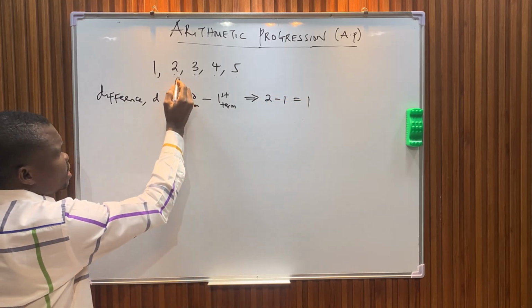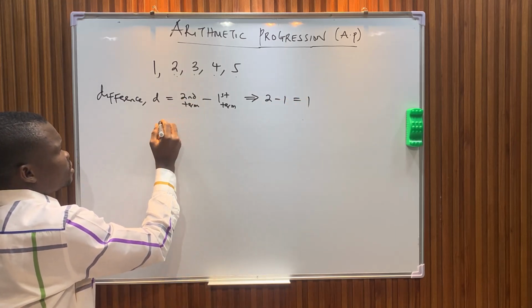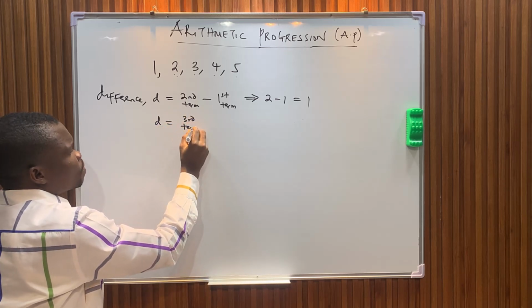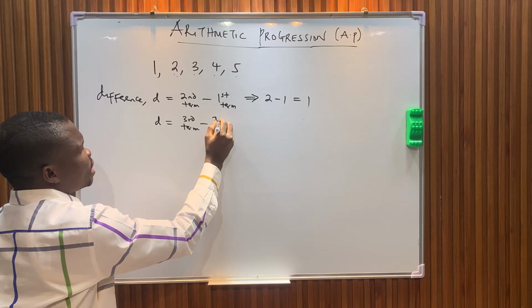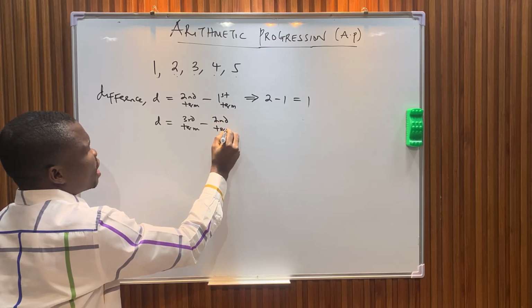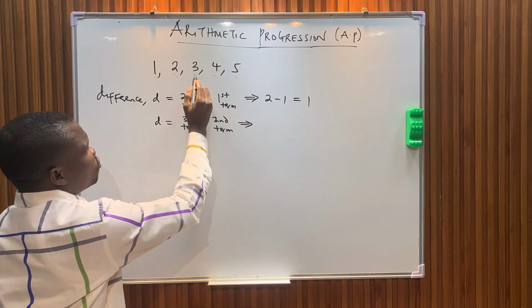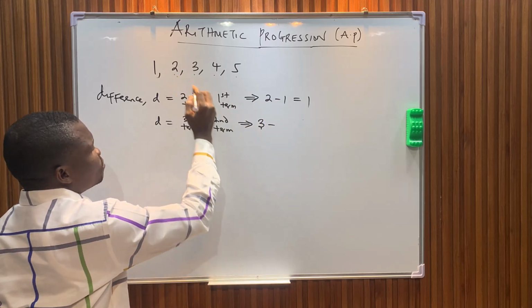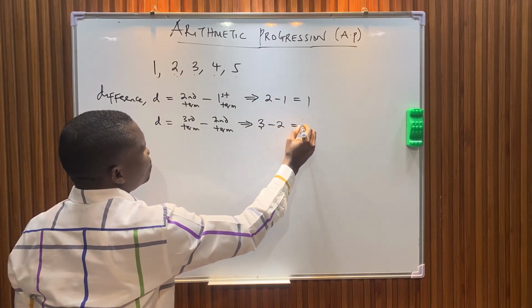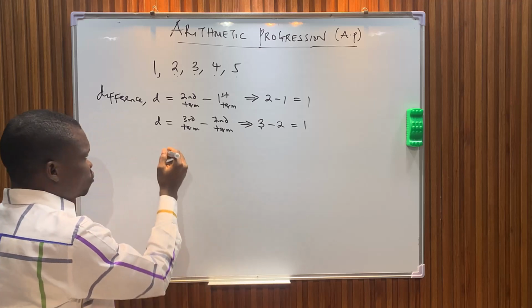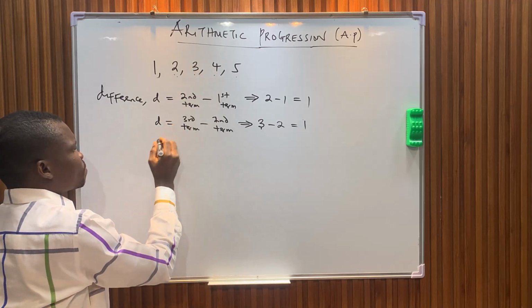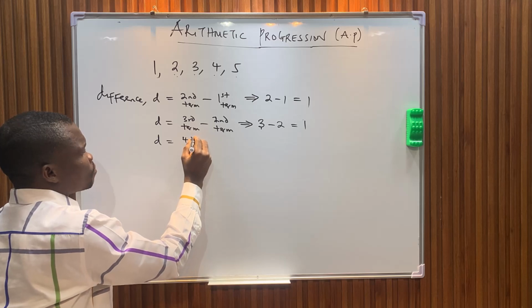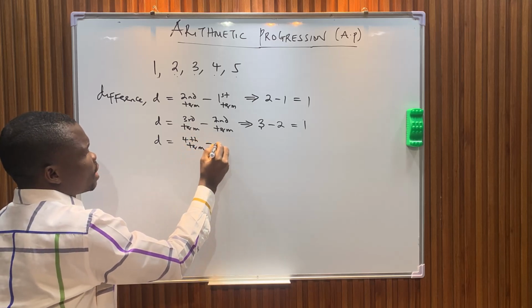We can also check the difference here. The difference again can be the third term minus the second term. The third term here is 3, minus the second term, 2, and that gives us 1. The difference here can also be the fourth term minus the third term.